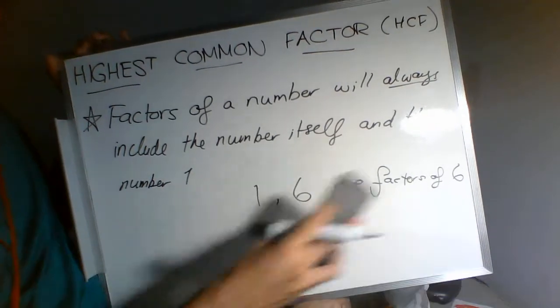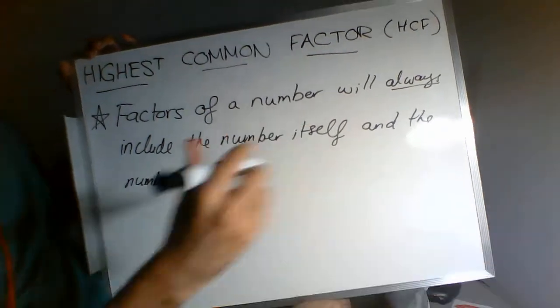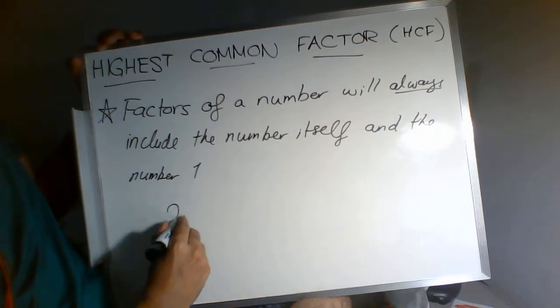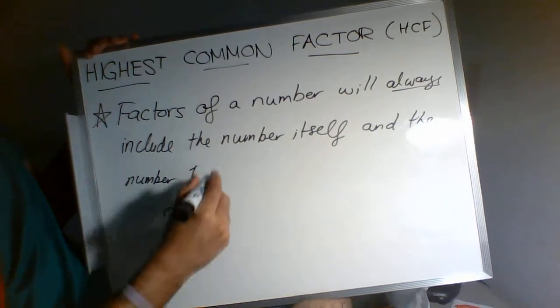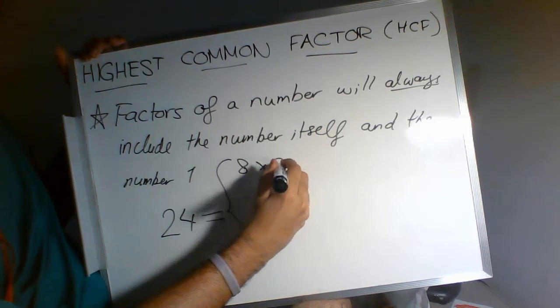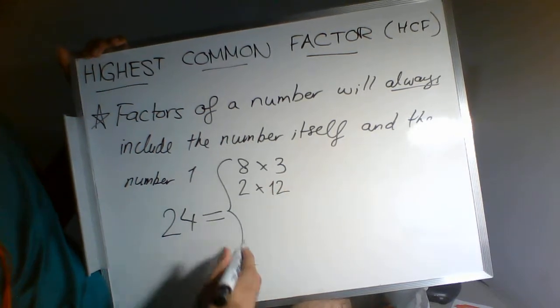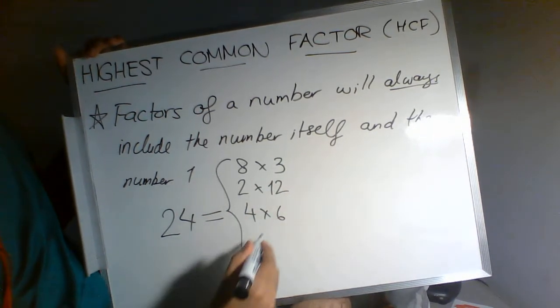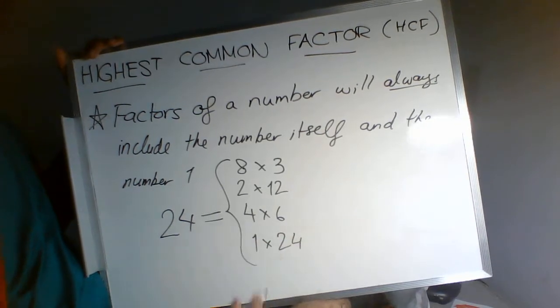And the reason for that is, if you write it as a multiplication problem, if you say you're dealing with the factors of 24, then you could write a whole bunch of multiplication problems, right? You could write 24 as 8 times 3, or as 2 times 12, or as 4 times 6, or as 1 times itself, right?